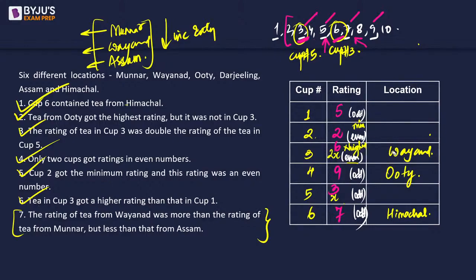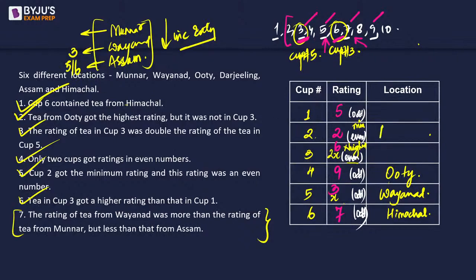So of course, Wayanad can't take cup number 3. Wayanad will have to take cup number 5. If Wayanad takes cup number 5, which has a rating of 3, we are talking about rating, then Assam needs a rating more than 3. So more than 3 rating, it could be 5 or 6.